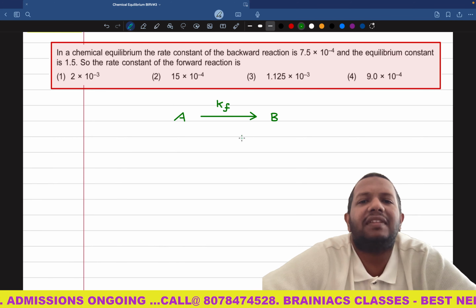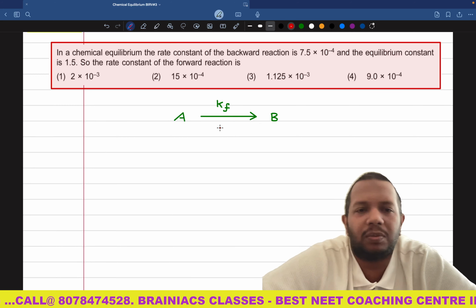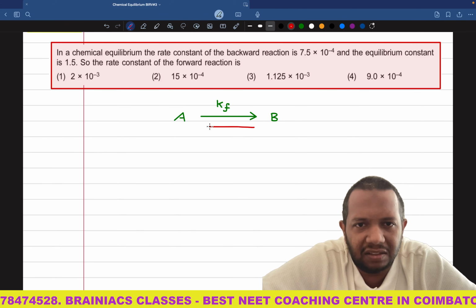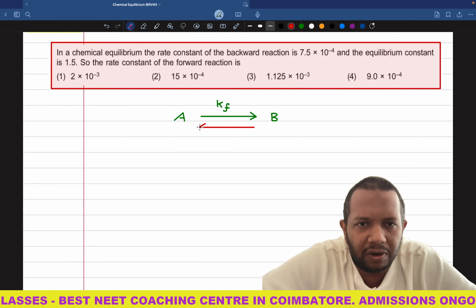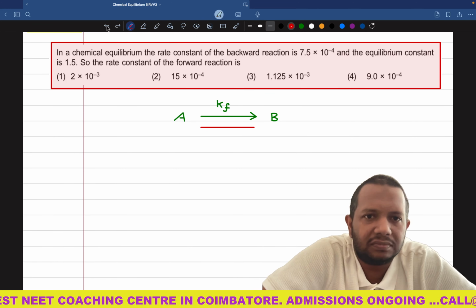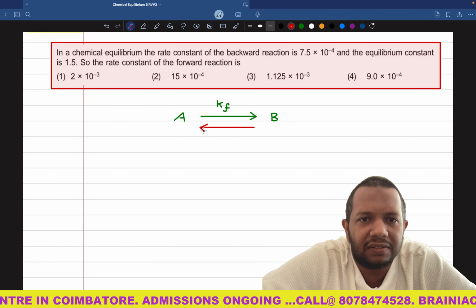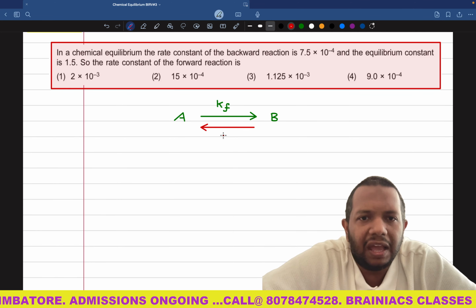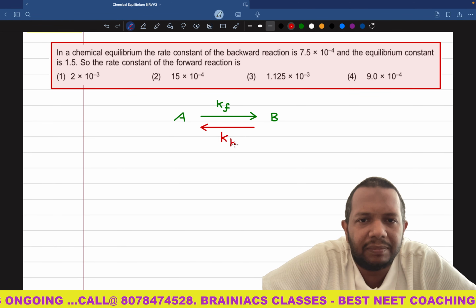Now let us assume this can happen in a reversible way. That means B can also be converted back to reactants. Then this becomes a reversible reaction, so I can put the arrow like this, and for the backward reaction I will put the rate constant as Kb.